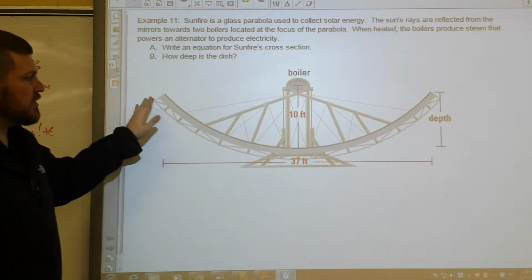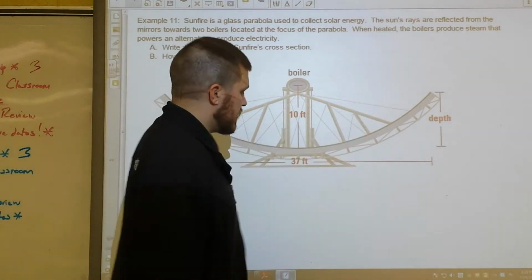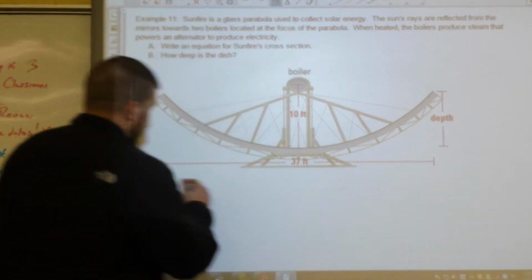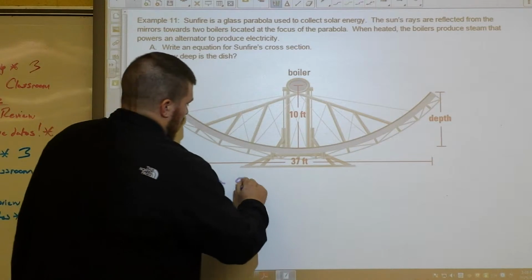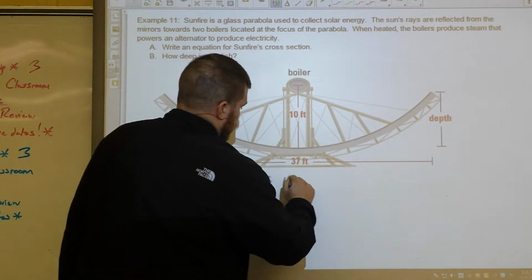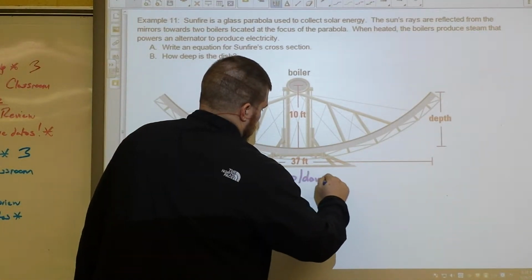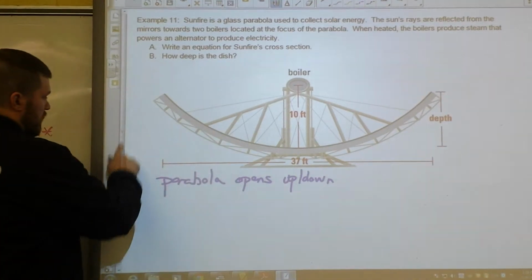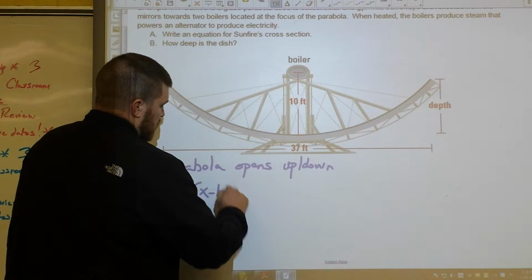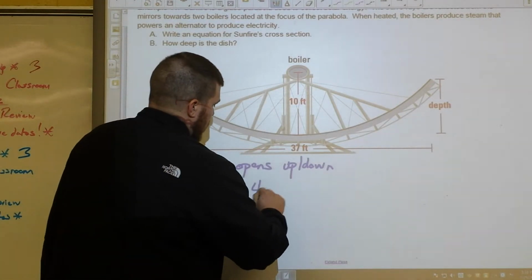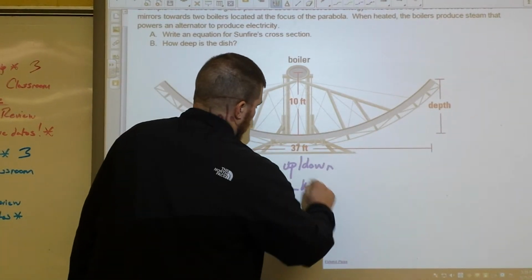Obviously this parabola opens up, so we know a couple of things about it. Number one, we know the equation is (x minus h) squared equals 4p times (y minus k).